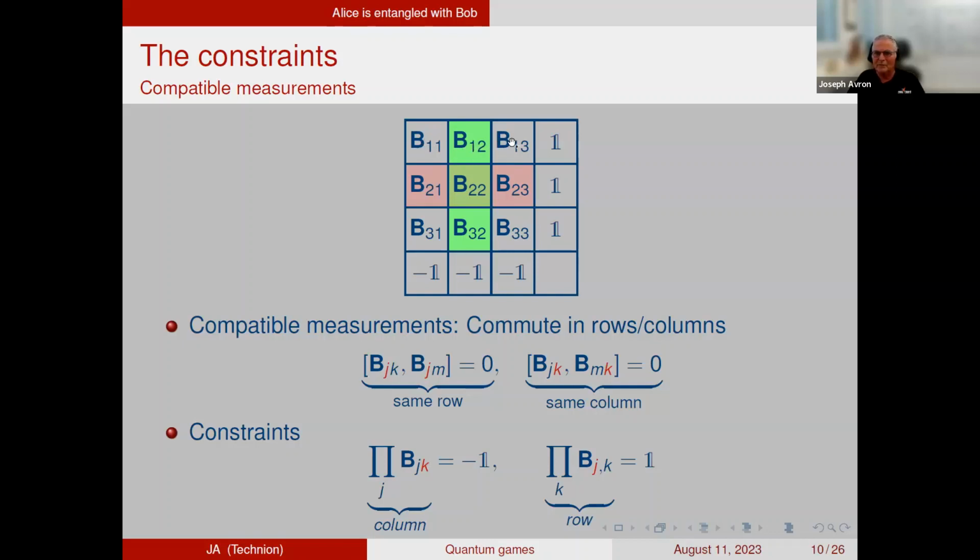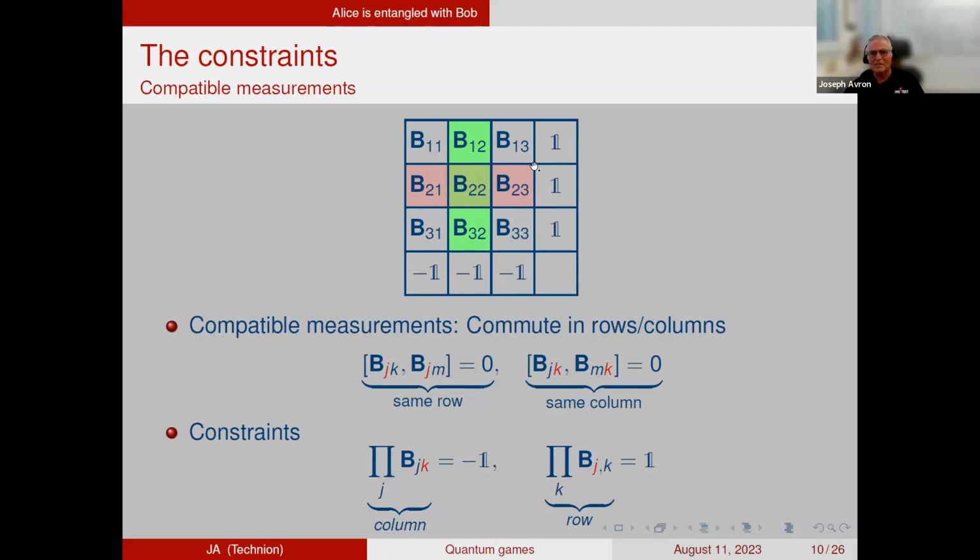Now, we will fill the table in such a way that the product of the observables in every row is +1, but now the +1 is one as an observable, as a matrix. So in every row, the product is 1, and in every column, the product is -1. This is a reflection of the constraint that we saw previously for numbers.